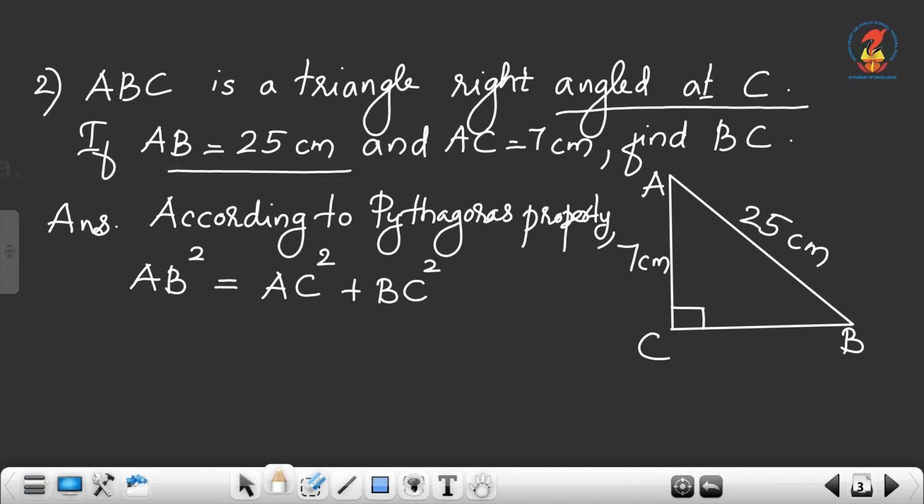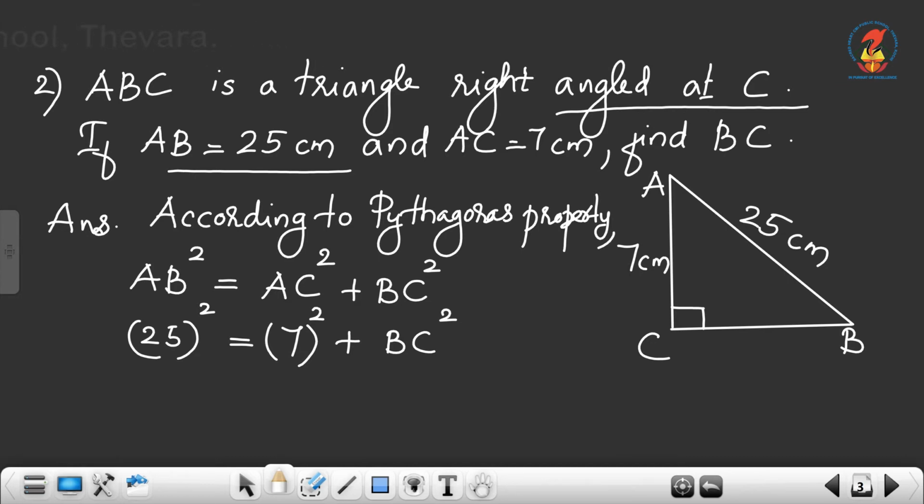Now, we have to give the values for AB and AC. AB is 25 centimeter. So, we can write 25 square equal to AC square, 7 square. We can put the bracket or without the bracket also you can write it. So, 25 square is equal to 7 square plus BC square.